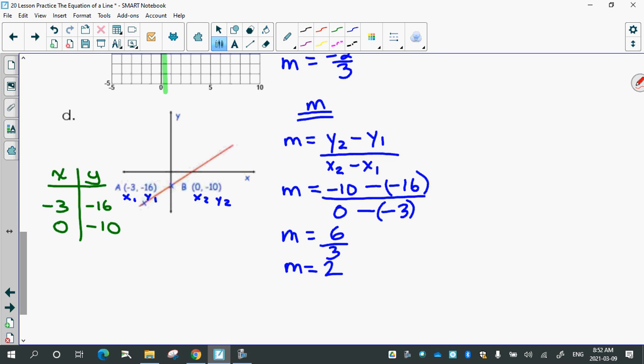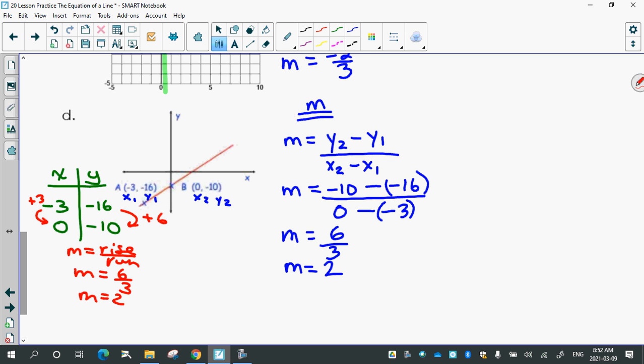And then if we do differences here, to get from negative 16 to negative 10, we go up 6. And to get from negative 3 to 0, we go up 3. So if we use rise over run from a table, we still got 6 over 3, which is 2.